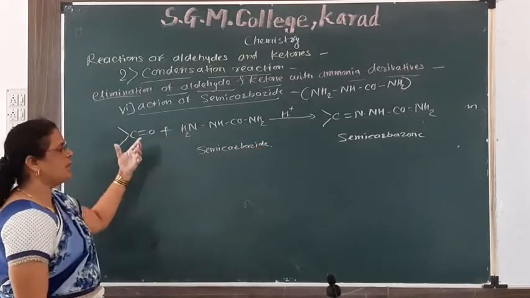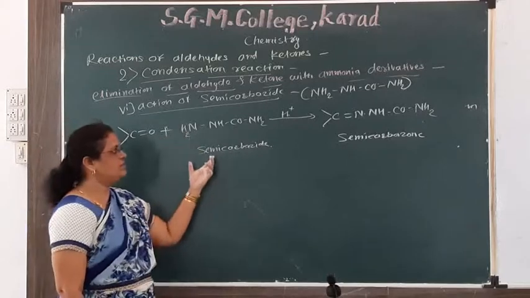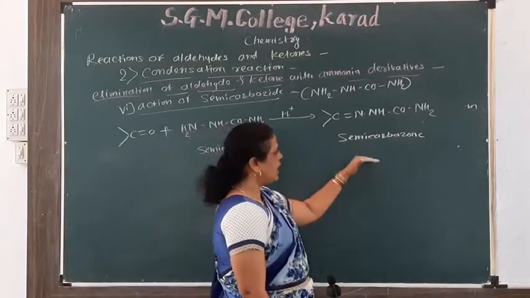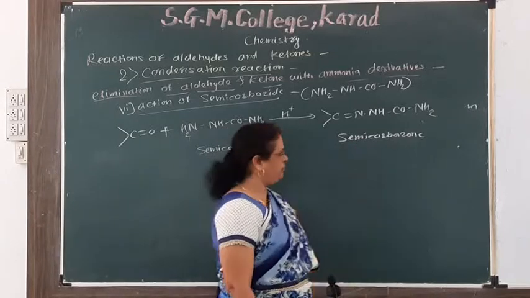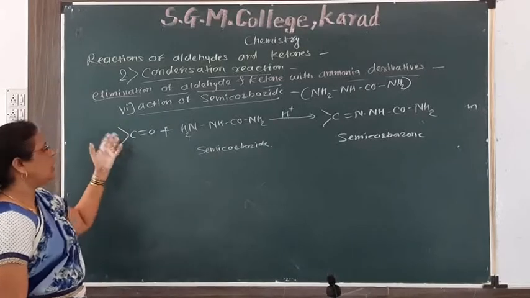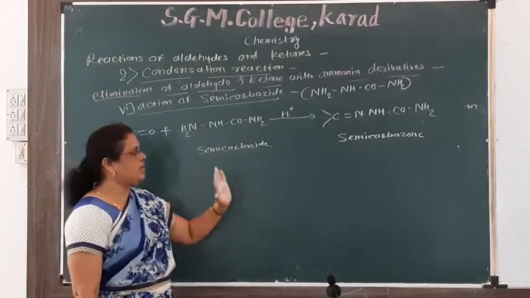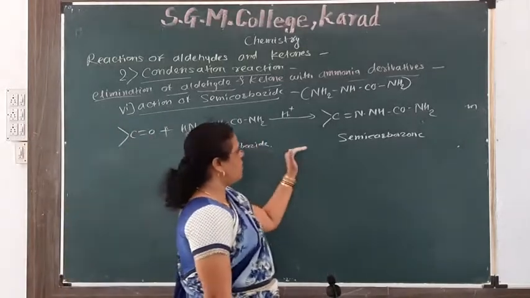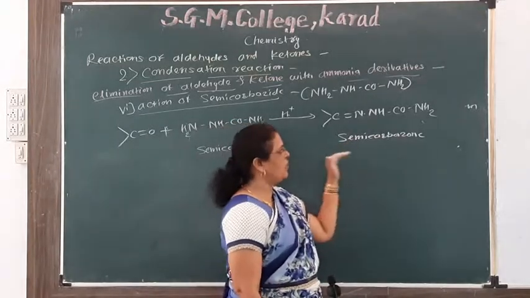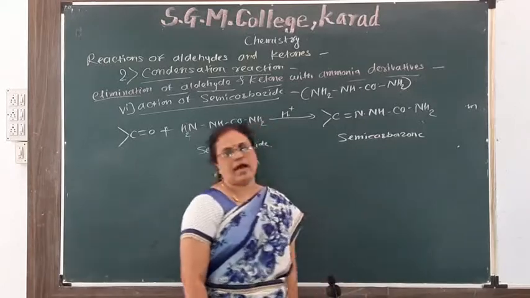Aldehyde, for example, acetaldehyde, when treated with semicarbazide, then it forms acetaldehyde semicarbazone. In case of ketone, here ketone treated with semicarbazide in weakly acidic medium, it forms, for example, acetone semicarbazone.